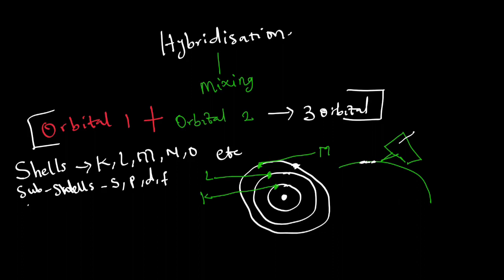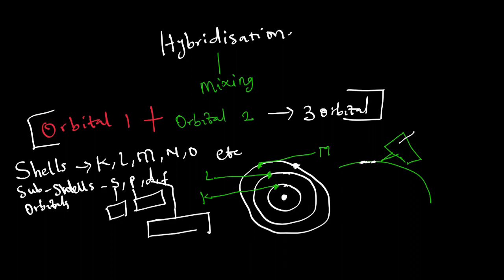Even in the subshell, we now have what are known as orbitals. In each subshell there are orbitals. For instance, the s has only 1 orbital, the p has 3 orbitals, the d has 5 orbitals.